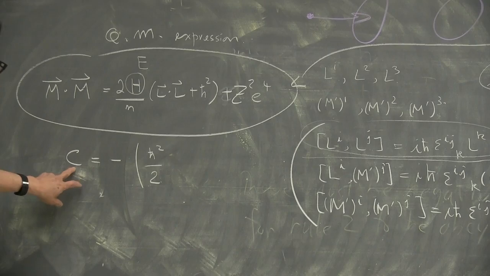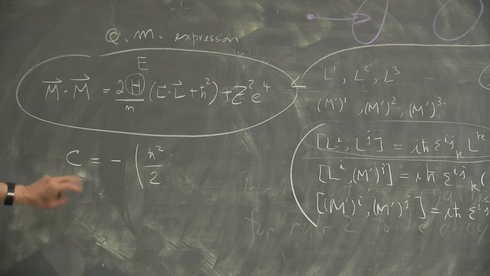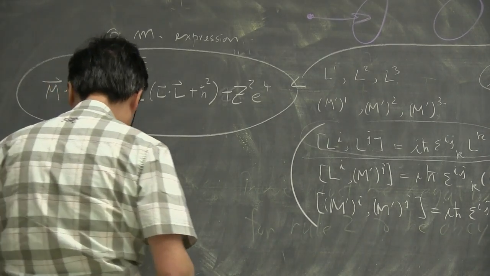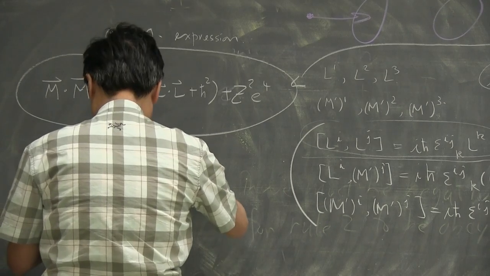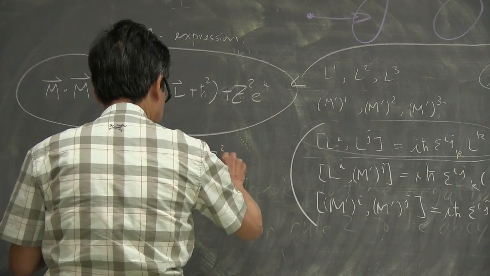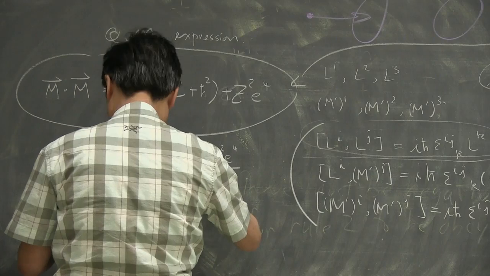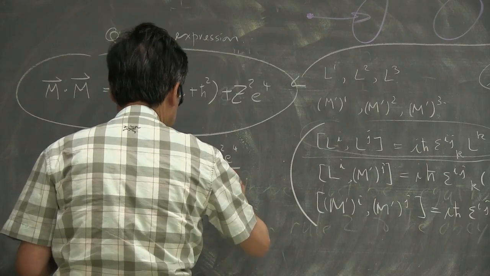Actually, this side now represents the eigenvalues of the Casimir operator.